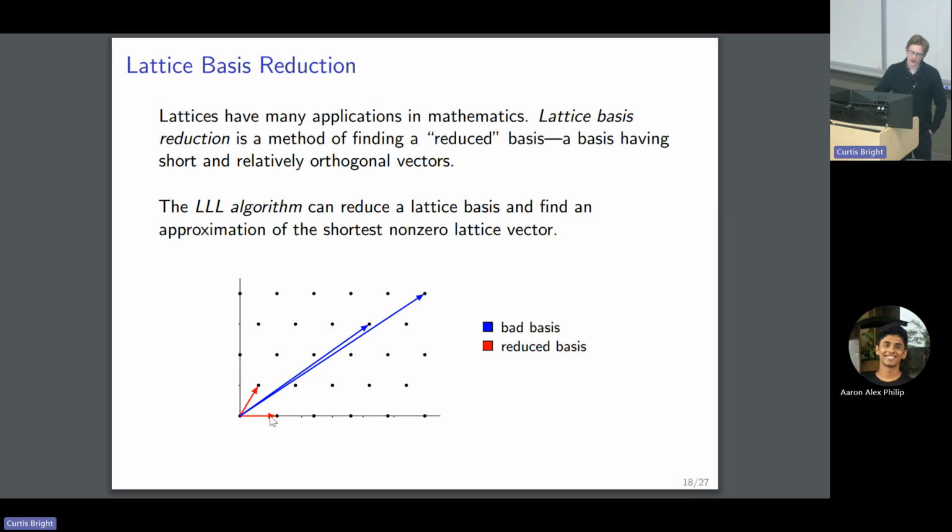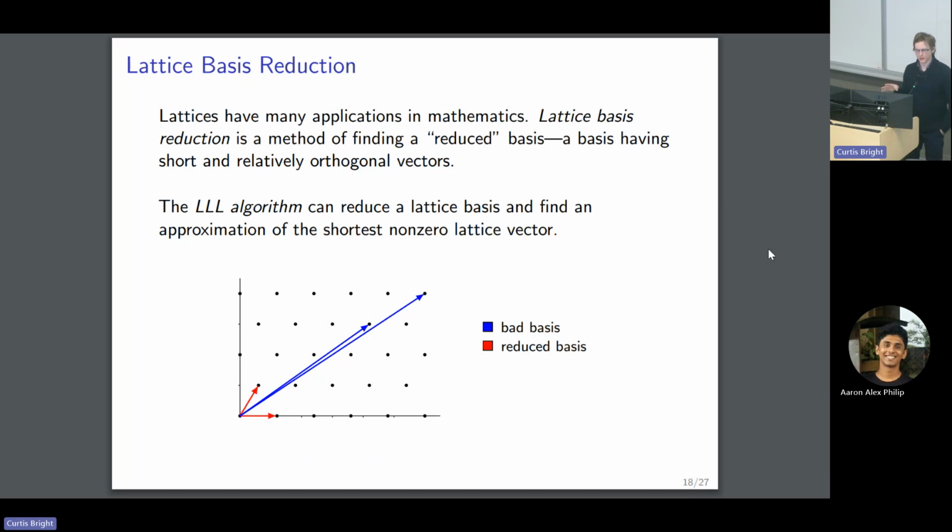But you might be surprised that the blue vectors also generate the same lattice. They're what I call a bad basis, because getting to a point over here using the blue vectors wouldn't be so easy. You have to go way off the screen over here and then come back using a different vector. So it's much easier to just use the red vectors to get to a point rather than the blue vectors, but they do generate the same lattice.